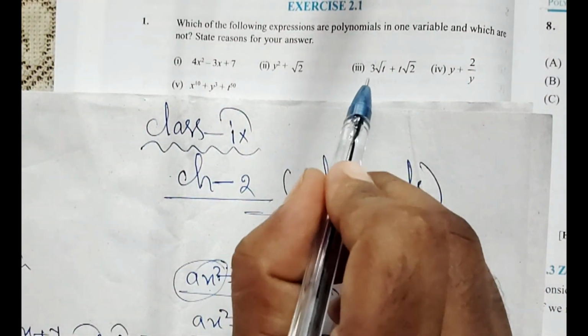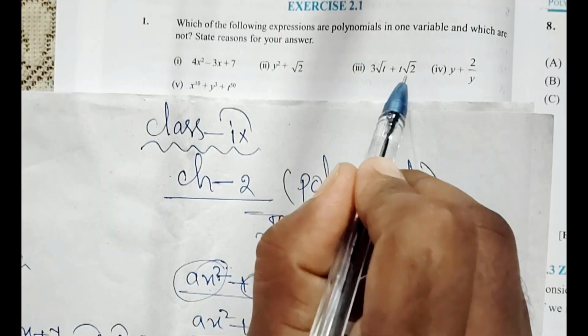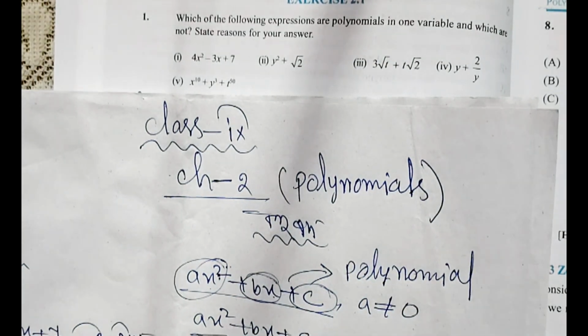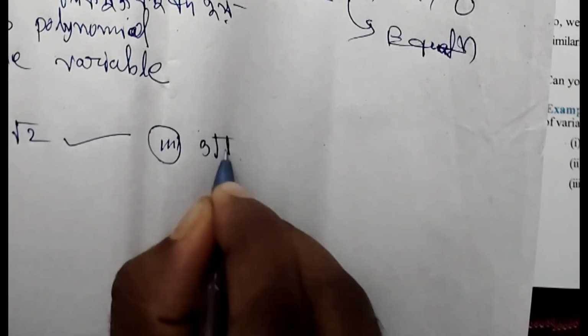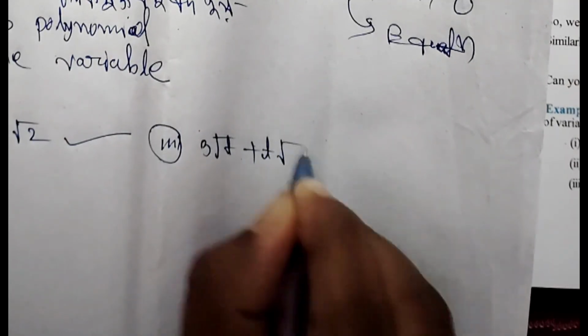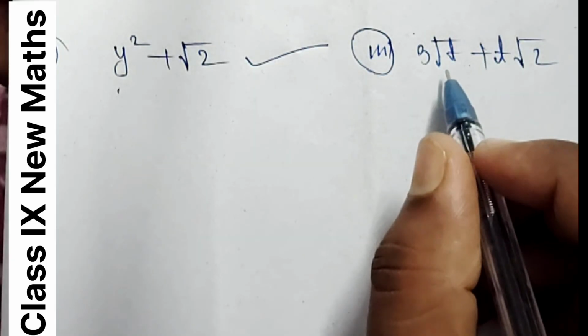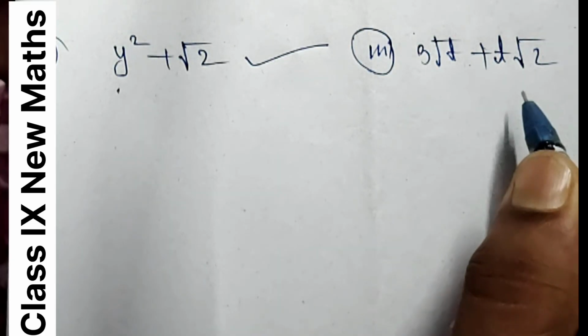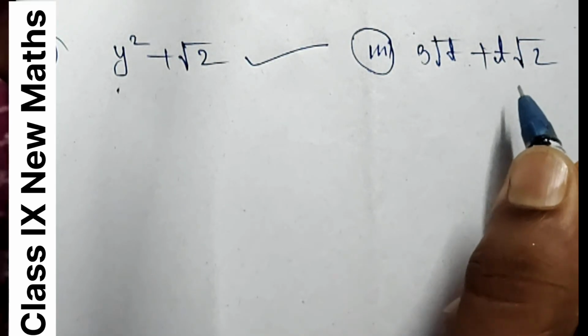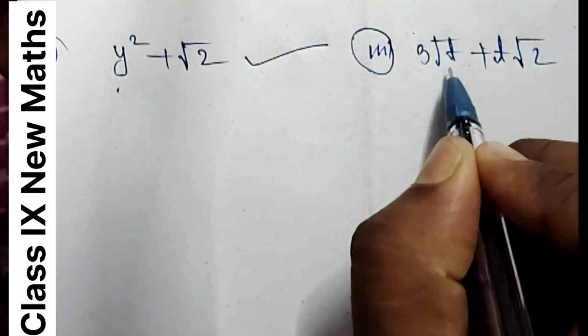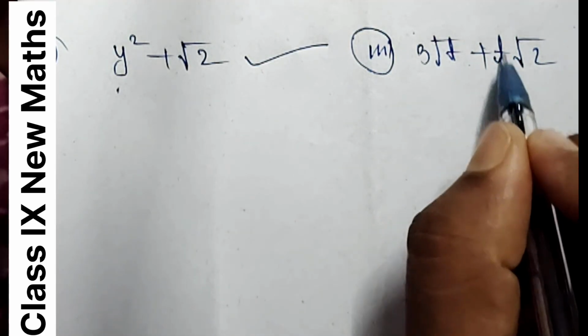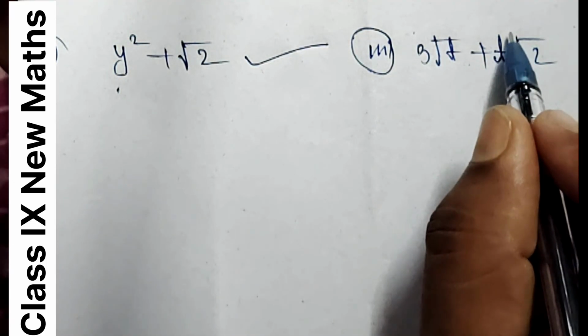You see the third question: 3 root over t plus t root 2. First see whether this is a polynomial or not. In this line the variable is t. In this t the power is nothing, which means always 1.